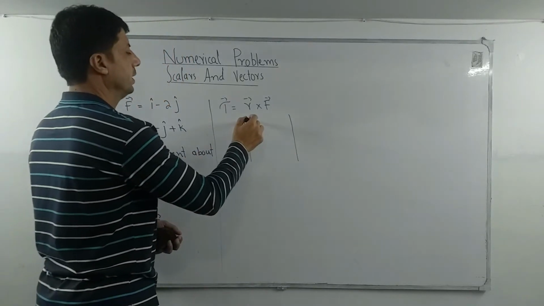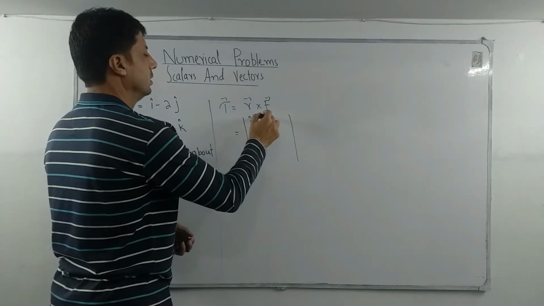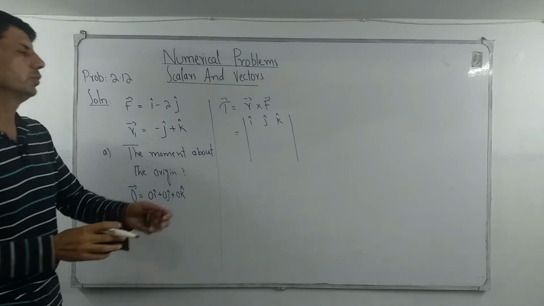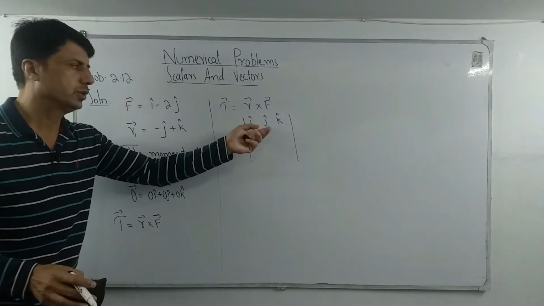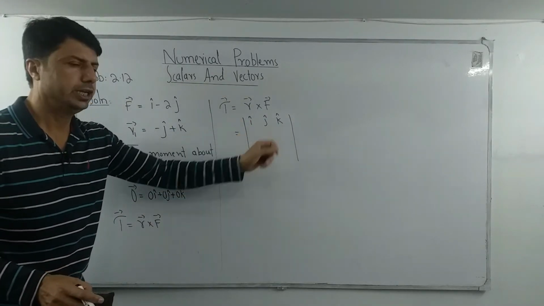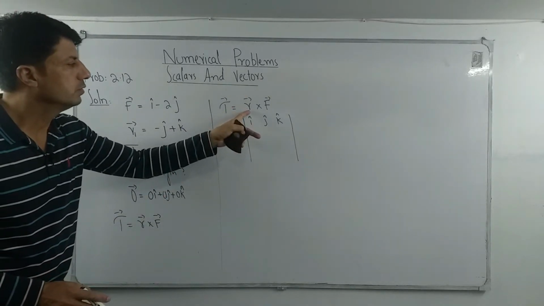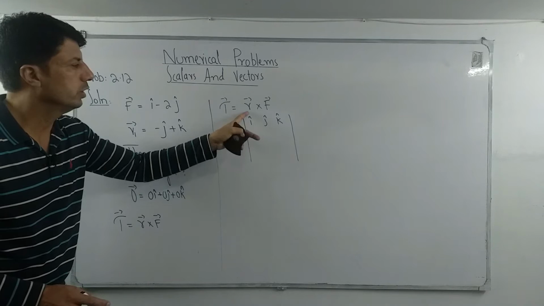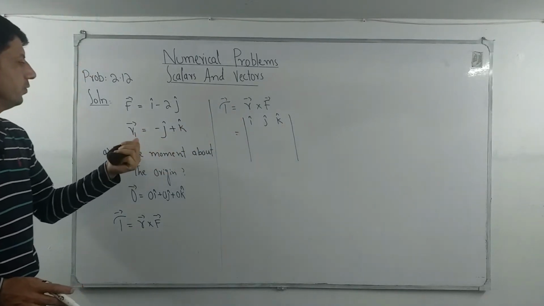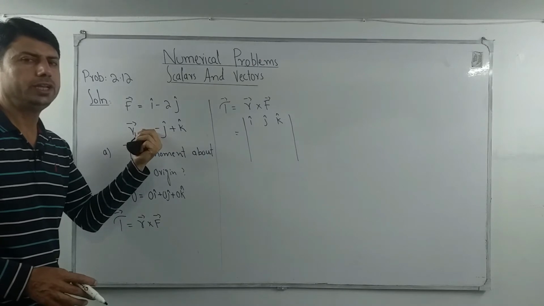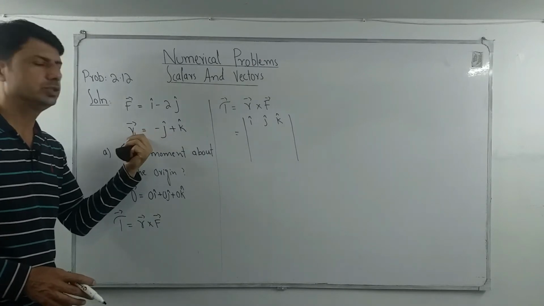Here are i, j, and k. The first row will be for the unit vectors i, j, and k. Then the second row will be for R, since R comes first. For R, here it is 0 for i, because we don't have any horizontal component of this position vector.